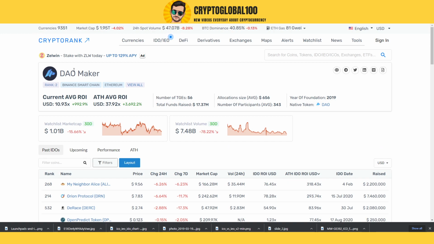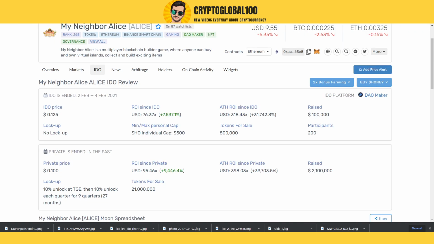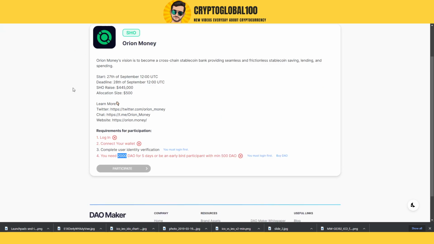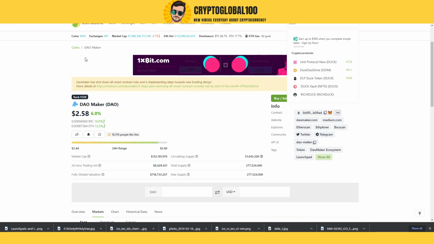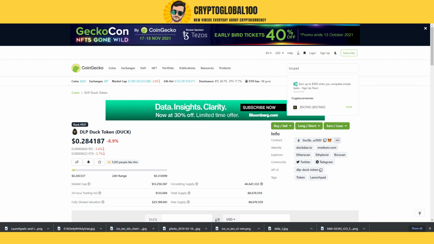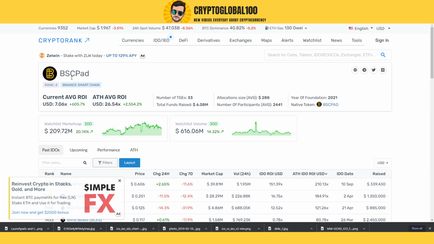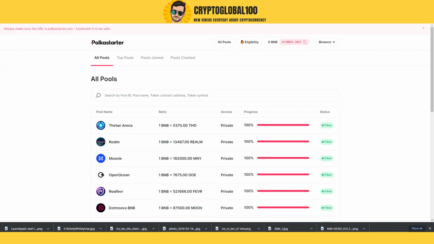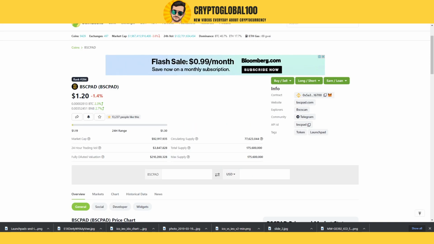So this was basically all the launchpads where you can invest and buy their initial tokens, the tokens of the exchange. For example, for DOW Maker you need to buy the DOW Maker coin. For DOW Starter you need to buy the DOW coin. For Bscpad you need to have Bscpad. And for PolkaStarter you need to have Pol coin.